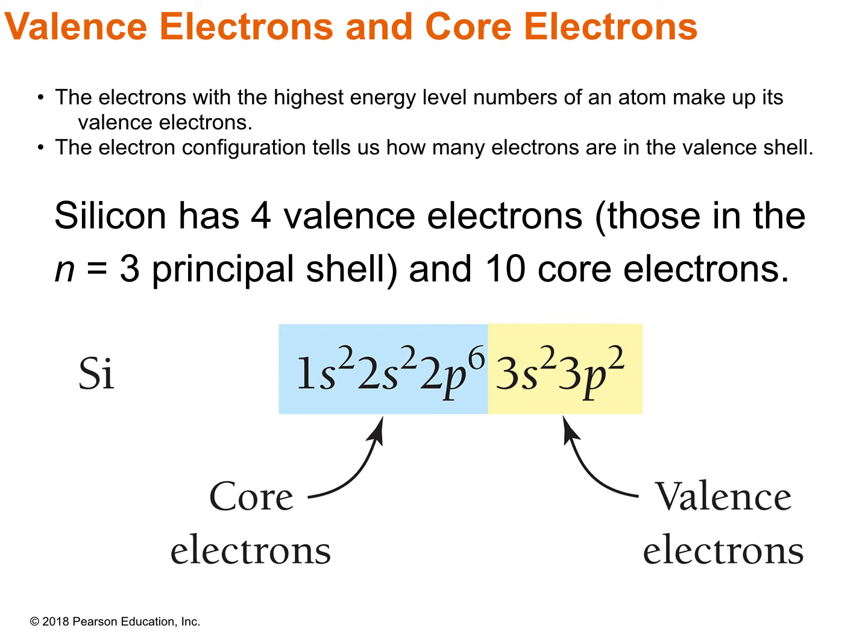So if we look at silicon, everybody hopefully please look at your periodic table. Silicon has 14 electrons total, okay? Silicon is in the third row of the periodic table, and you can even count across. Silicon has 2 electrons in the n equals 1. It has 1, 2, 3, 4, 5, 6, 7, 8 electrons in the n equals 2.